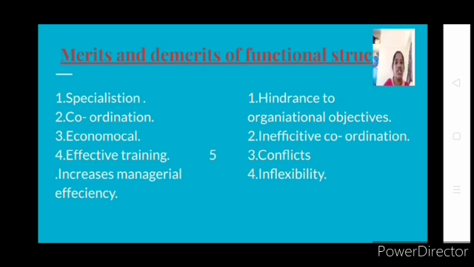In functional organizational structure, you don't have duplication of work. As I just gave you an example, in divisional structure what happens? The same purchase department will be there under 5 heads. In product 1 there will be a purchase department, in product 2 there will be a purchase department, in product 3 there will be a purchase department, and so on for products 4 and 5.